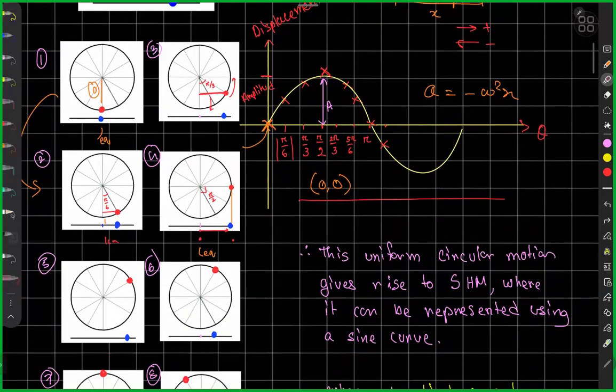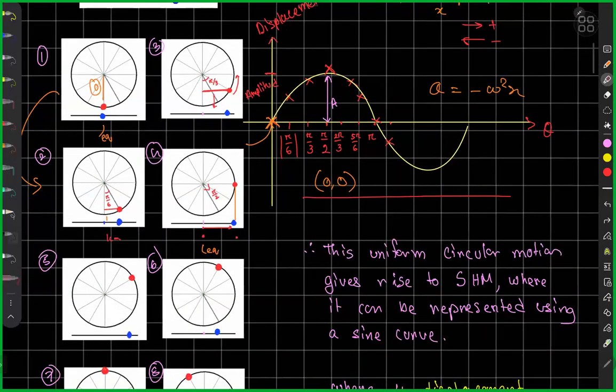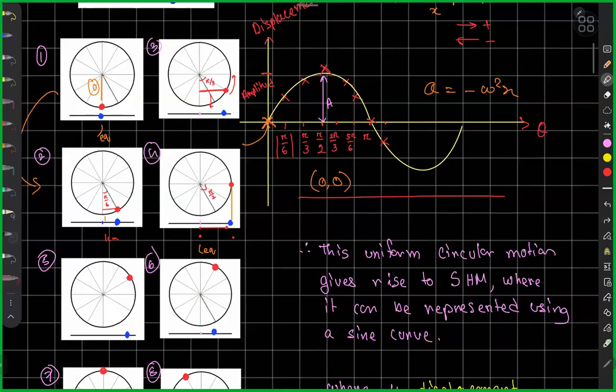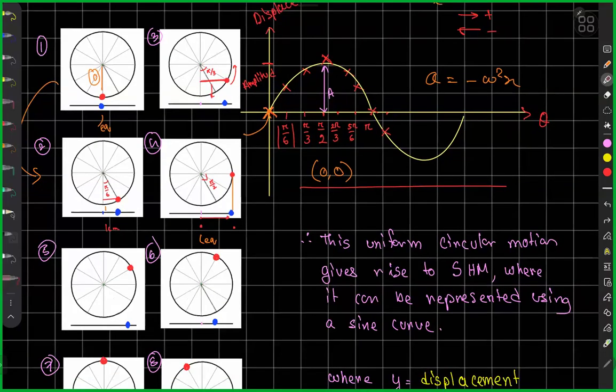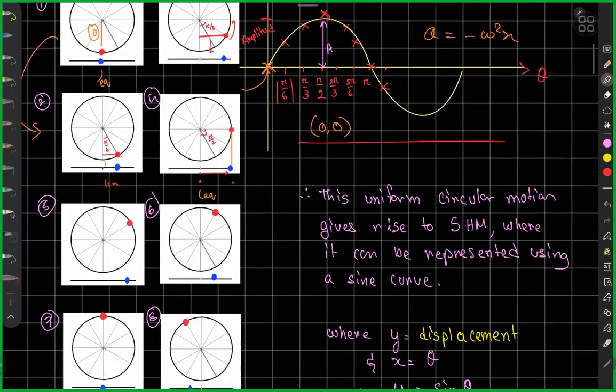So now, what I was saying is, as it covers initially pi by 6, it is a small displacement. As it covers pi by 2, it is the maximum displacement, which we technically call the amplitude. Now, what happens when it goes beyond pi by 2? Notice the shadow over here. Doesn't the displacement decrease from the amplitude? Yes, it does.